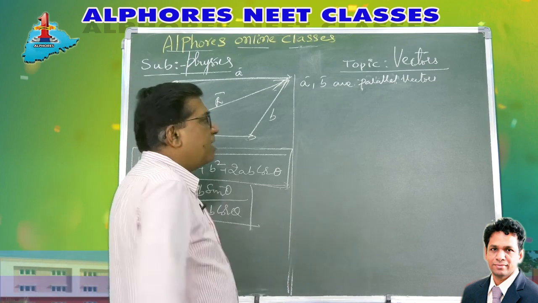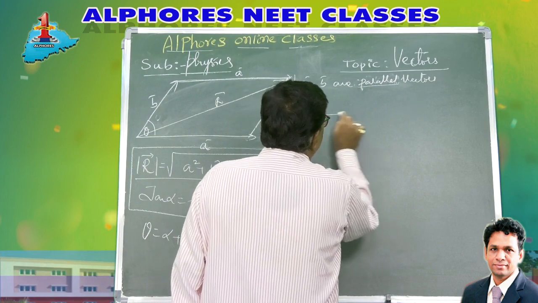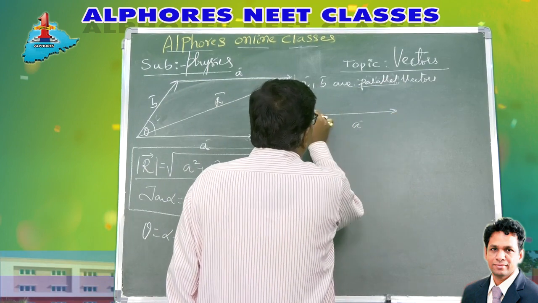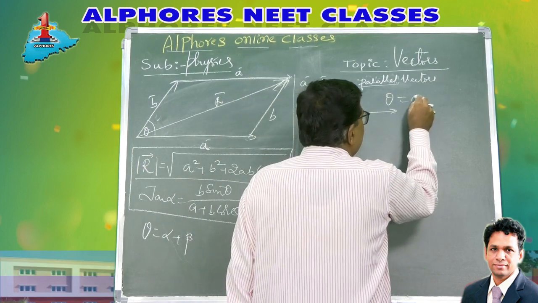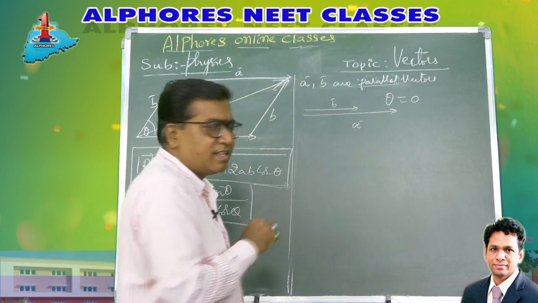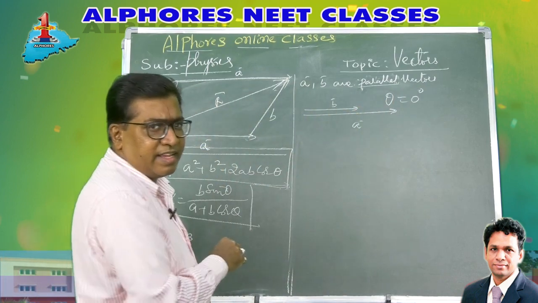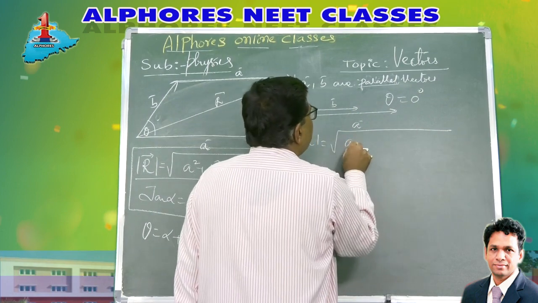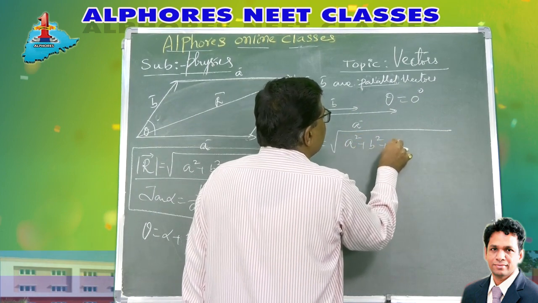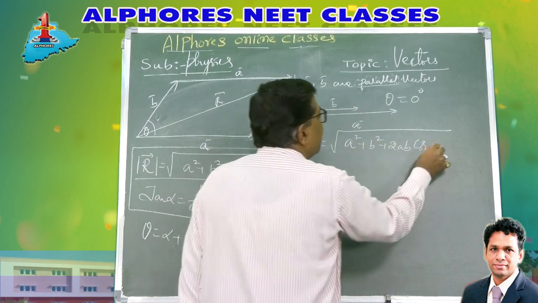So what if A bar and B bar are parallel vectors? Both are in same direction, in the sense the angle theta is equal to 0 degrees. Substituting theta 0, the magnitude of the resultant is under root of A square plus B square plus 2AB cos of the angle between them, that is 0.